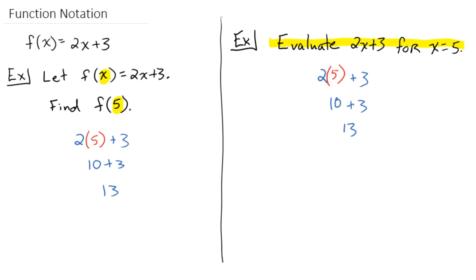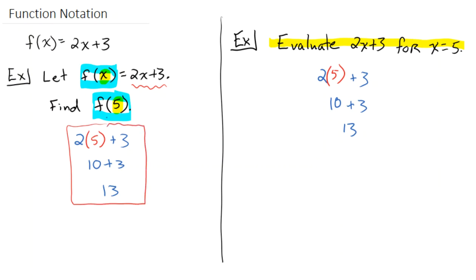So I want to emphasize a couple things here. First of all, I'm not really doing any math with the left side here. The left side is just giving me information. It's telling me what to do. You can think of them as directions. The math happens on the right side. So notice down here, when I work the problem, I'm only working with the right side.